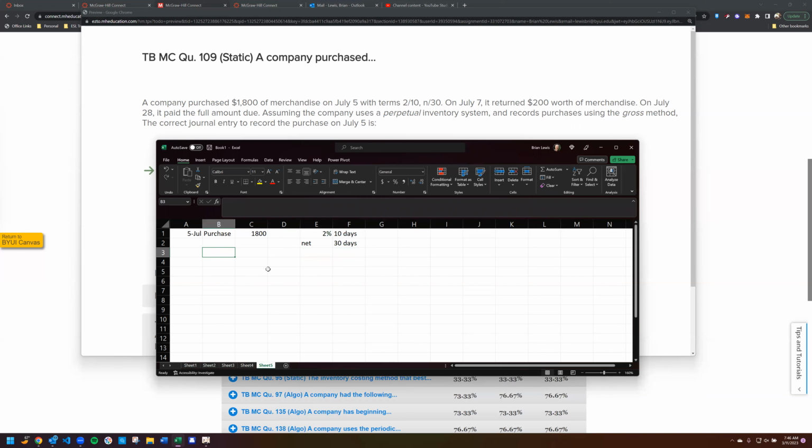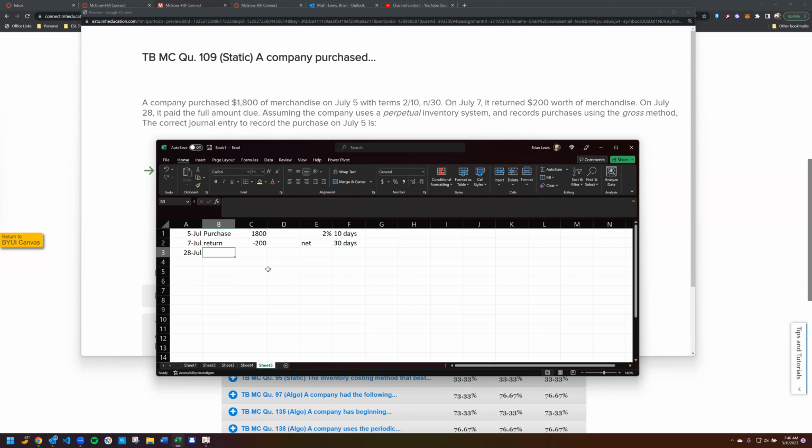On July 7th, so 7/7, they returned. So this looks like another one of those things, minus 200. On July 28th, 7/28, it paid the full amount due. No discount. Okay.